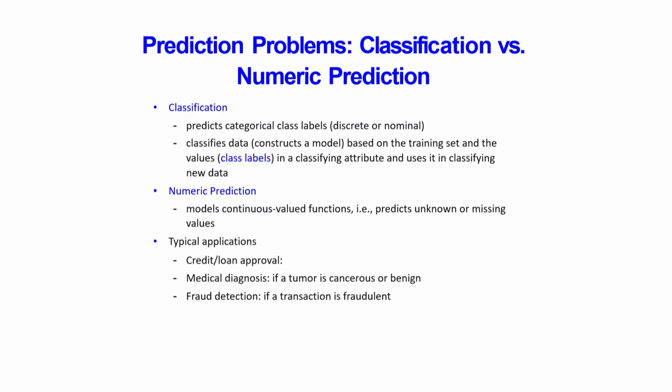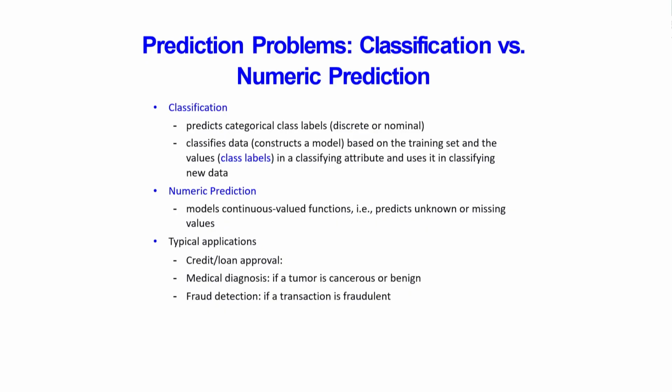We have to use those attributes or features to classify them. You can also do numeric prediction, where models provide continuous value functions. Why is it required? In many cases you have data with some missing or unknown values, and you can predict them using numerical prediction. Typical applications are many. First is credit or loan approvals, then medical diagnostics, such as whether a tumor is cancerous or benign, and fraud detection, whether a transaction is fraud or non-fraud.